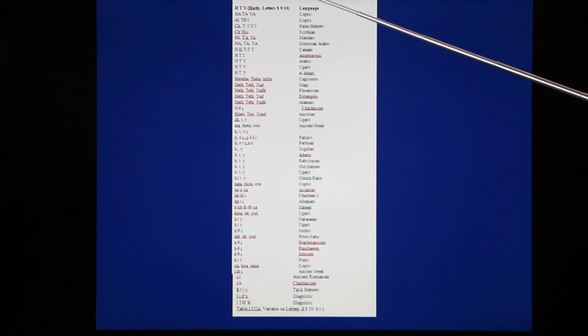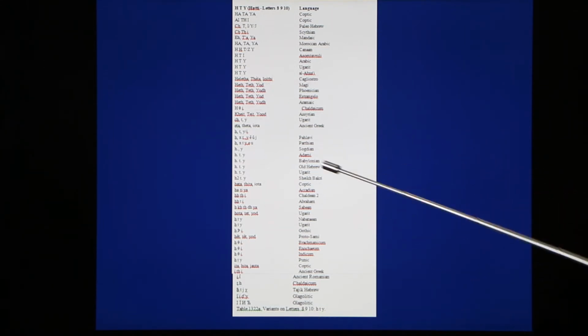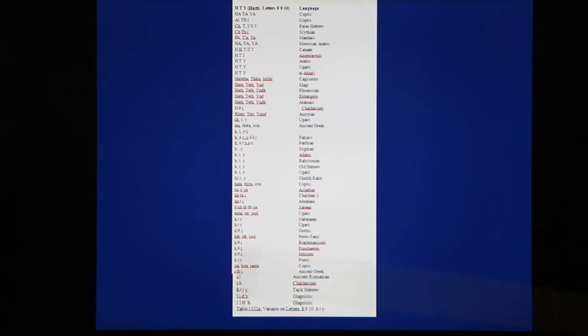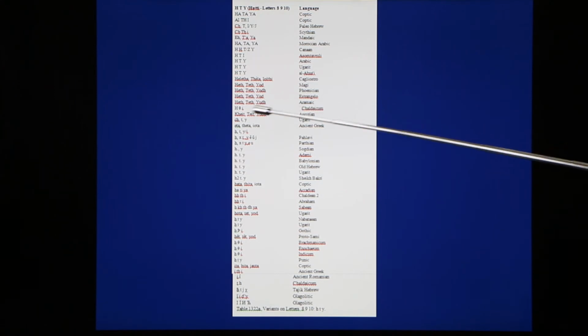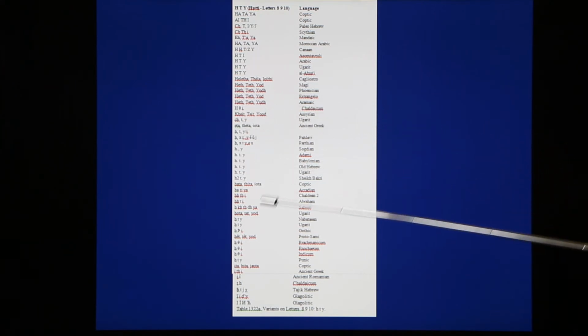And HTY, well, I won't read these all out, but the appendices are more for reference than for actual reading as a normal story. But I think it's still important to realize, here are nearly 30 languages involved, and the variance of how you write those 3 letters is quite remarkable.